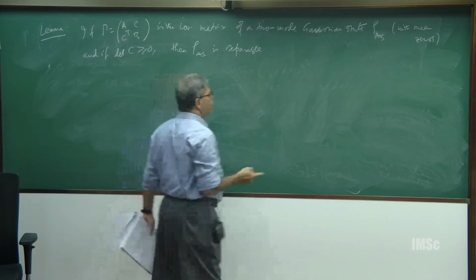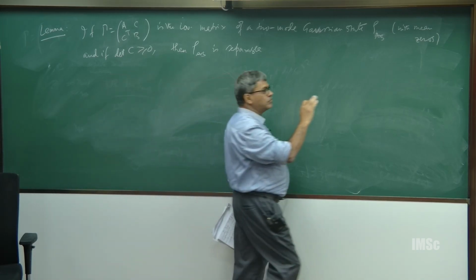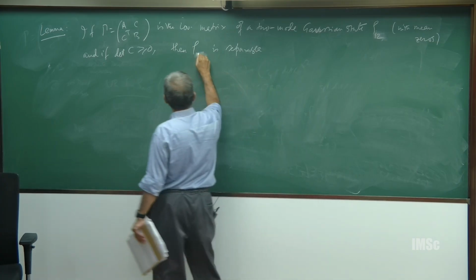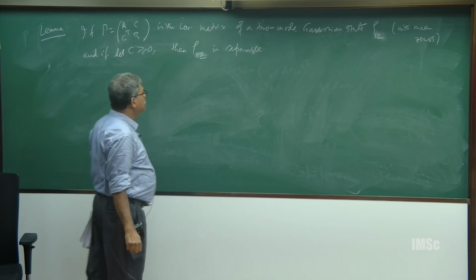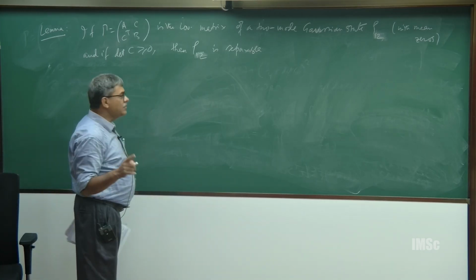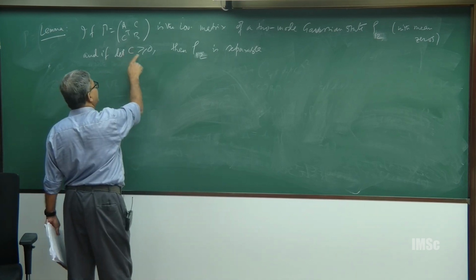Okay, maybe I should use 1 2 because here we have A B. Otherwise it is a bit confusing. So, you understand that this is mode 1 and mode 2. So, basically it tells you that if this is a covariance matrix of a two mode Gaussian state where determinant of C is greater than or equal to 0.